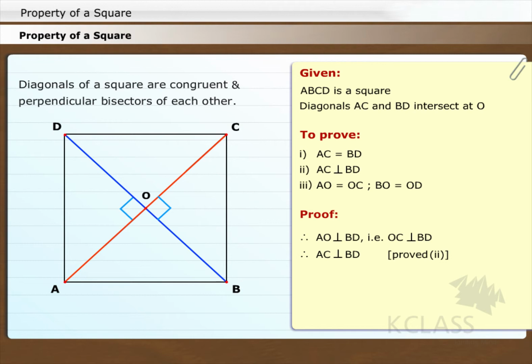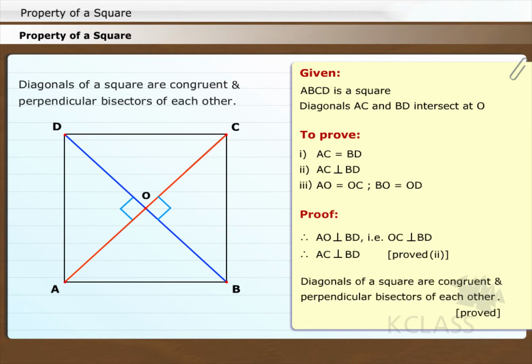Hence, we have proved that in the square ABCD, the diagonals AC and BD are congruent and also perpendicular bisectors of each other.